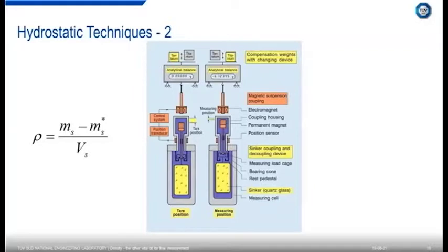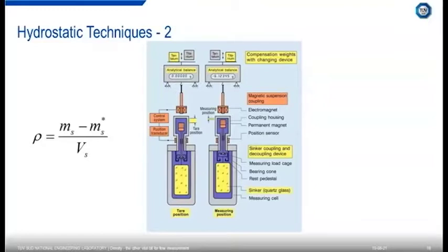Here's an example of an electromagnetically coupled hydrostatic weighing system. So we have the sinker, the body of known mass and density, immersed in the fluid whose density we are wanting to determine, and an electromagnetic coupling system transfers the apparent weight of the body through the wall of the container to a balance where we can weigh it.